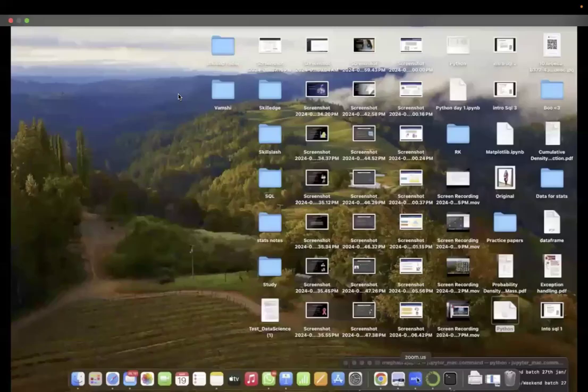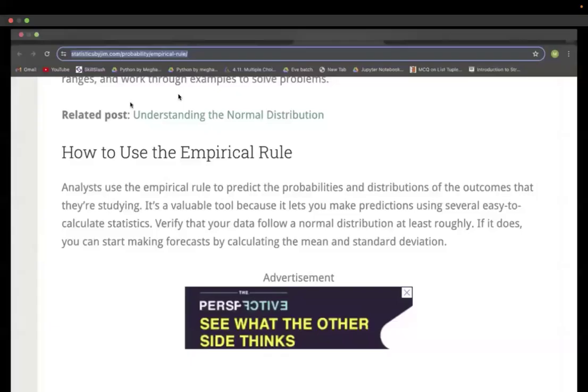As of now, for the normal explanation, understand one thing. Whenever you have some statistical parameters to find, you can take the help of the empirical rule or SND to make assumptions based on the probability. Analysts use the empirical rule to predict the probabilities, right?